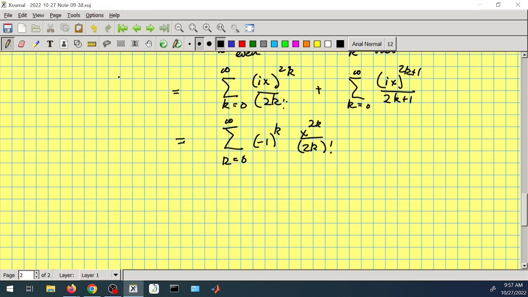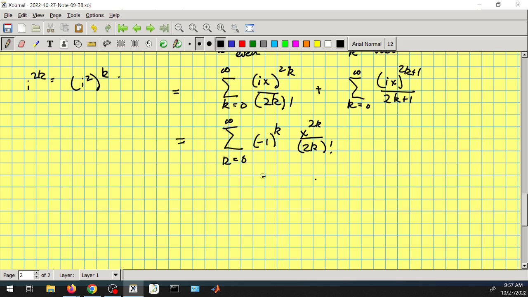Now, why did I change i to the 2k to minus 1 to the k? Because i squared is negative 1. i to the 2k is i squared to the k, which is negative 1 to the k.